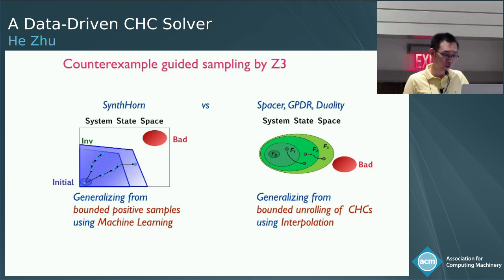For the PDR-based approaches, they generalize from bounded unrollings of the CHCs using interpolation. In each counterexample guided iteration, the bound of the unrolling of an entire CHC system may be increased. We sort of borrowed the idea of bounded unrolling from PDR, but doing it from a pure data perspective.